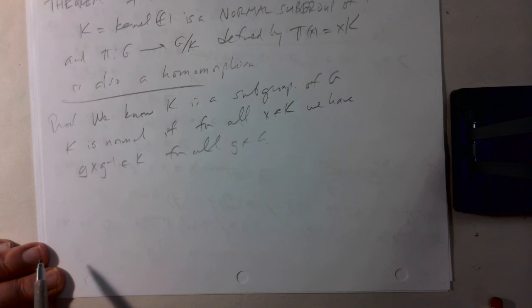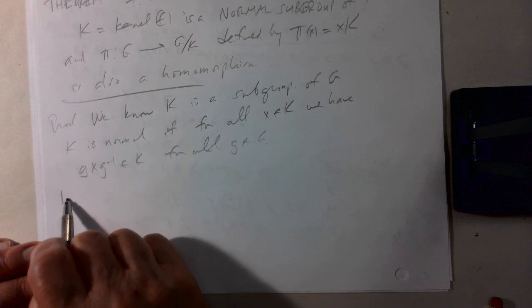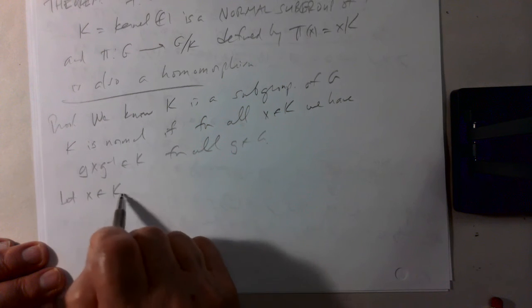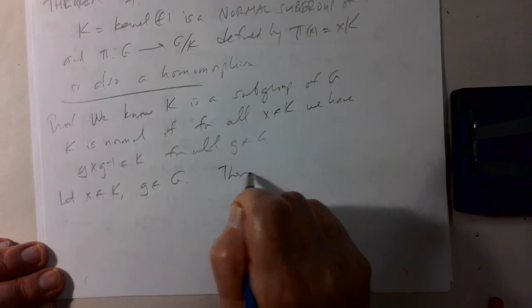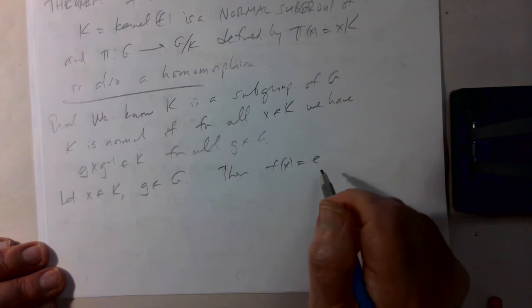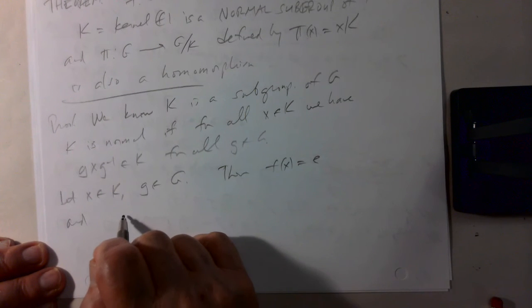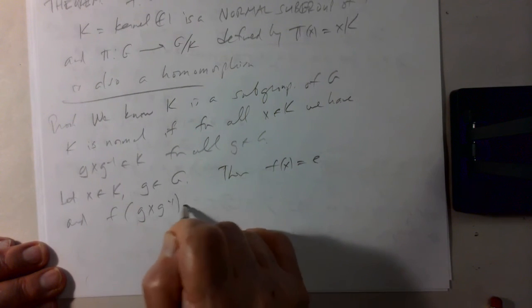Let x be in K, g be in the group, so then f of x is the identity. That's what it means to be in the kernel. And what about f of gxg inverse?